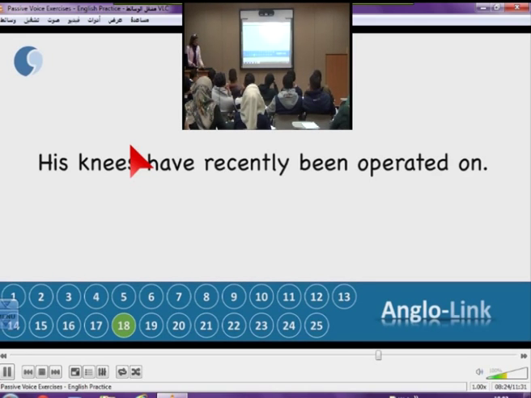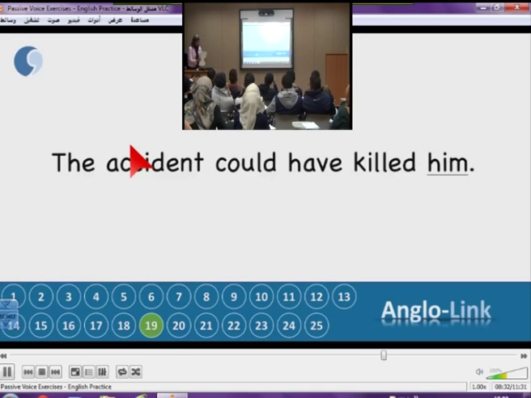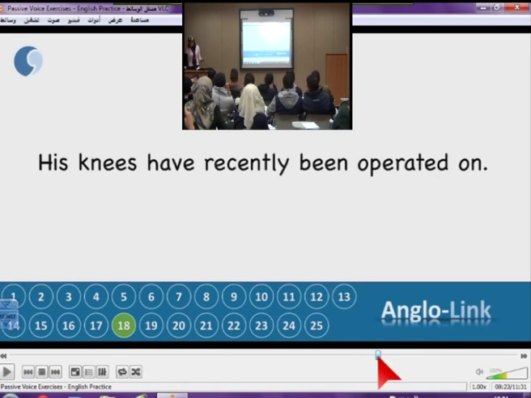The surgeon, no need to mention him here because it's so clear that he did the operation. Because the original sentence is perfect, the two knees have recently been operated on. Okay, clear?